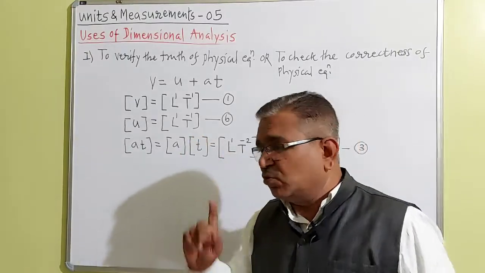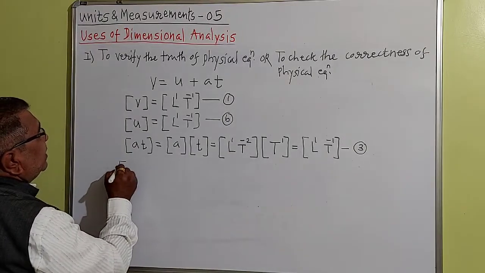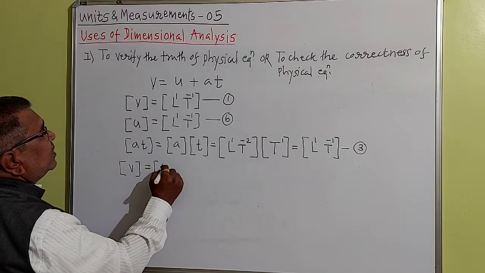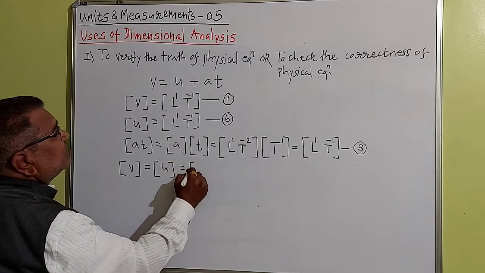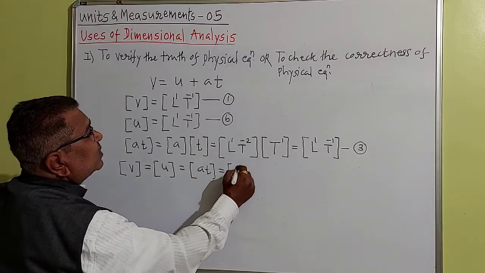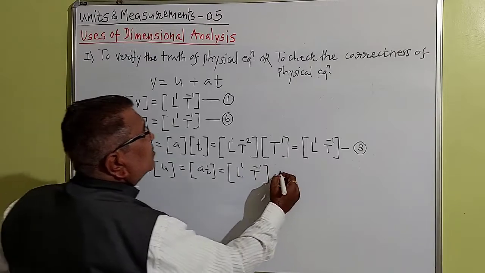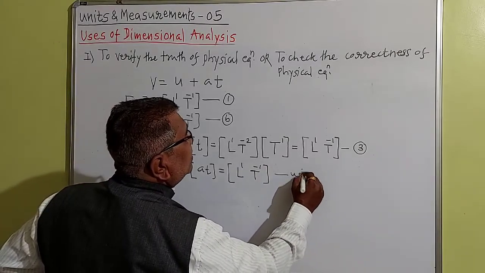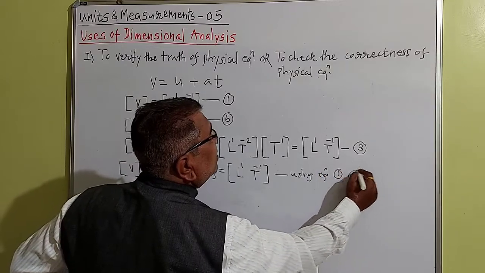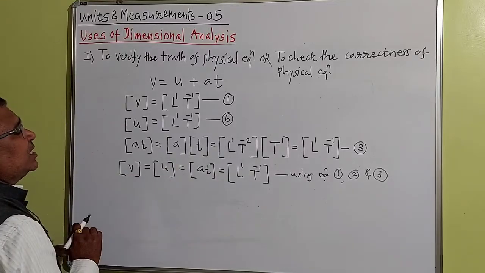Let me write on the board. Dimension of V is equal to dimension of U is equal to dimension of AT is equal to L^1 T^-1. Using equations 1, 2 and 3, all dimensions are equal.